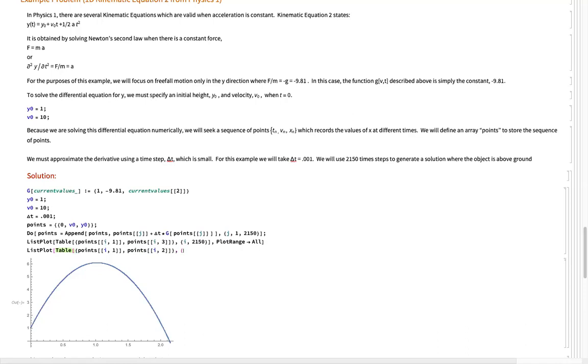Basically what this is doing is reaching into your list of your solution and pulling out the pieces needed to reconstruct graphs of position and velocity now.